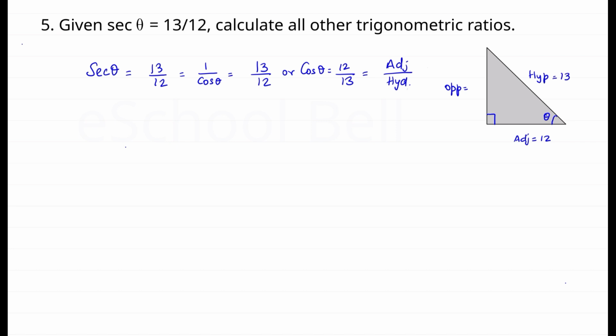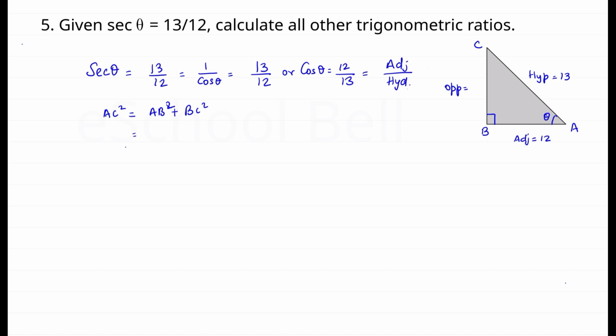Now we have to find the opposite side. So if you name this A, B, C, AC square will be equal to AB square plus BC square.